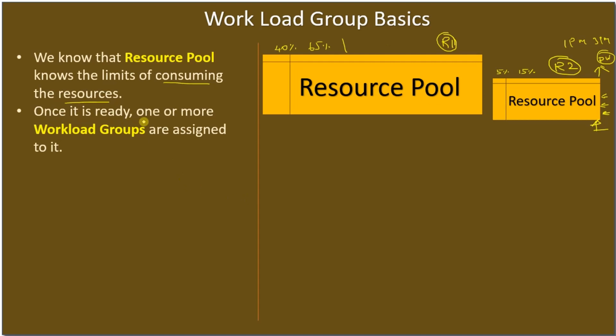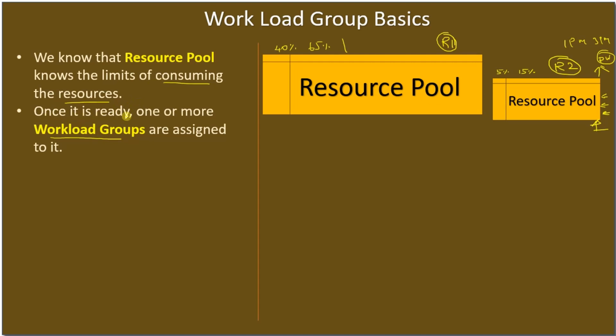So once the resource pool is ready, one or more workload groups are assigned to it. Workload group is what we discussed now, like sales, purchase, one workload group. Managing the product is one workload group, and if a specific workstation is assigned, it will be easy to segregate this workload group based on the workstation name.